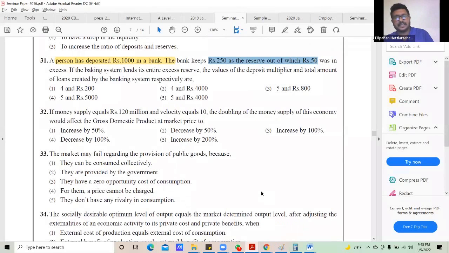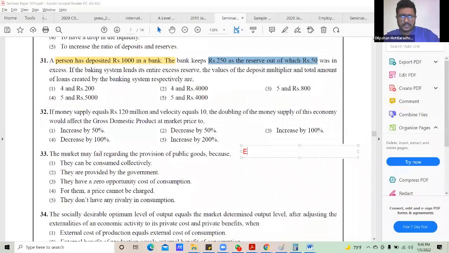So what is the SRR? 1,000 is the deposited value, and out of that they are keeping 250. Then you might think it's 25%. No. Out of which 50 was excess. That means the required reserve is 200. If you want, you can use an equation, but I don't prefer to.